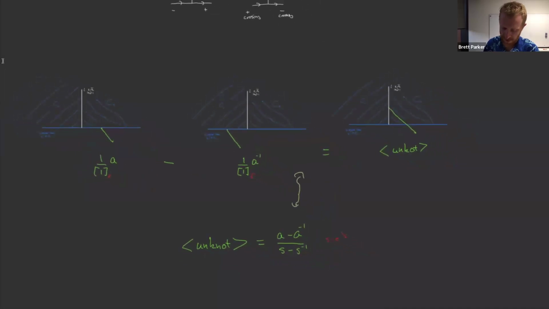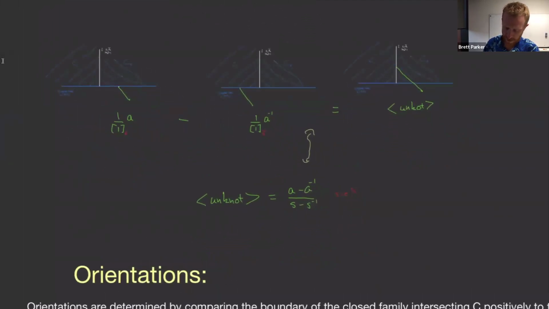Okay, so the Skein relation says count them like this with a minus sign here and equate it to what you get counting over here, where this bounds a curve, which is the unknot up here. And this quantum deformation of 1 is just 1 over S minus S inverse.